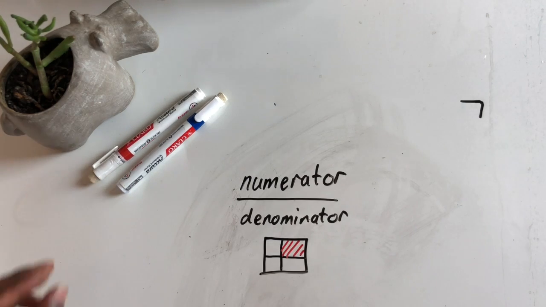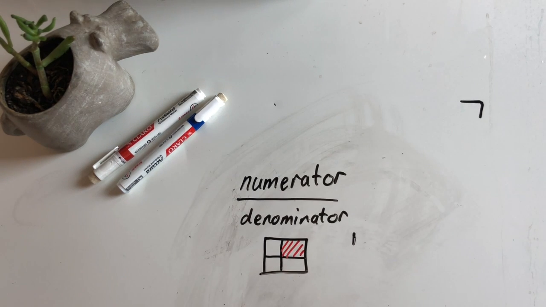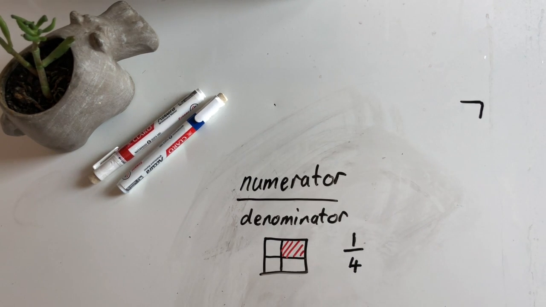So, the numerator here in this instance would be 1, because 1 represents the number of parts in the fraction. So the fraction is what we've taken out, okay? Right, and then the denominator is represented by the number of equal parts, so that's 1, 2, 3, and 4. So here the fraction represented would be a quarter, okay?